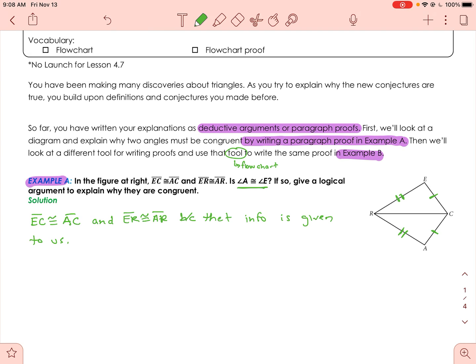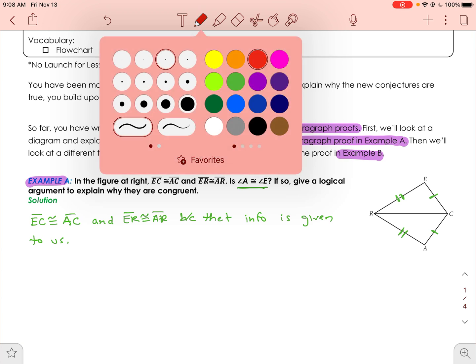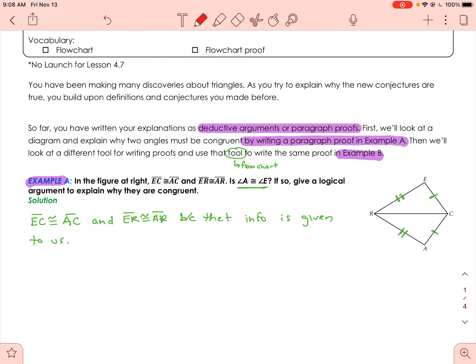Now, if you have picked up on what we have been noticing in these proofs, we also see that these 2 triangles share side RC. And so we can say that RC is congruent to RC, because it is the same segment.